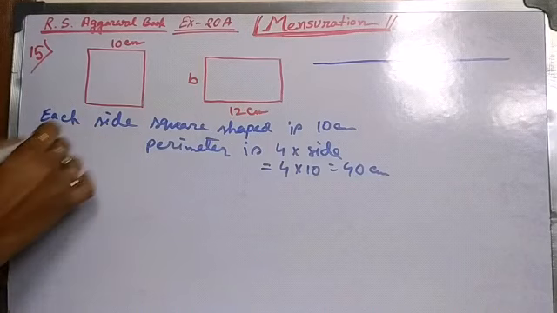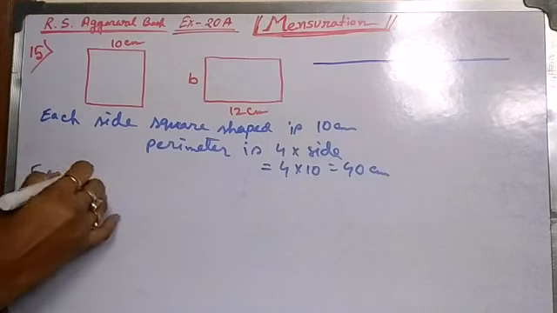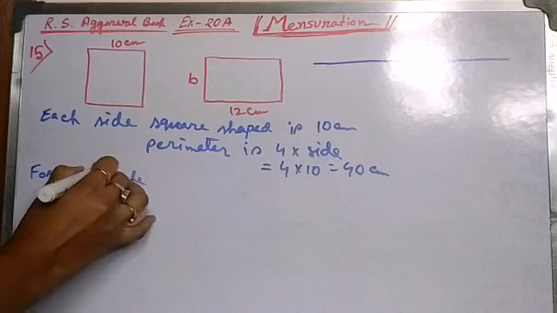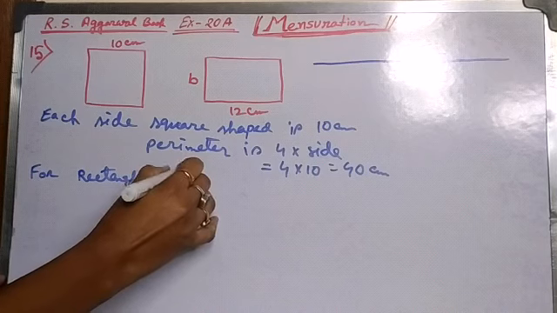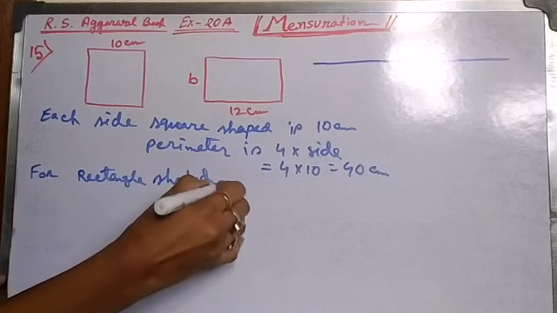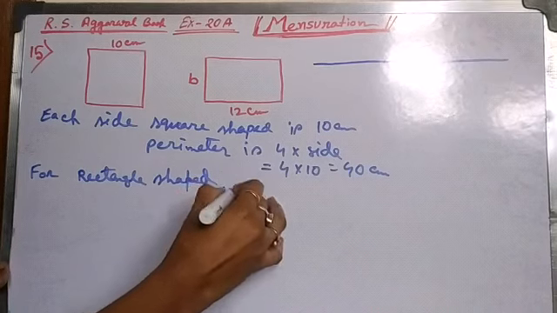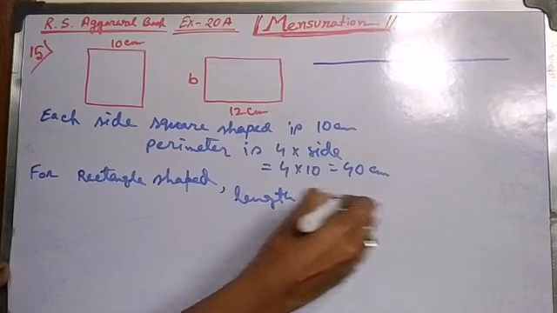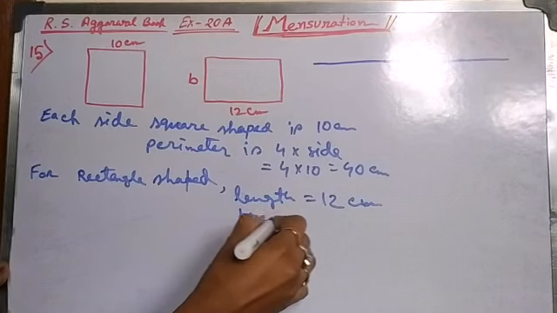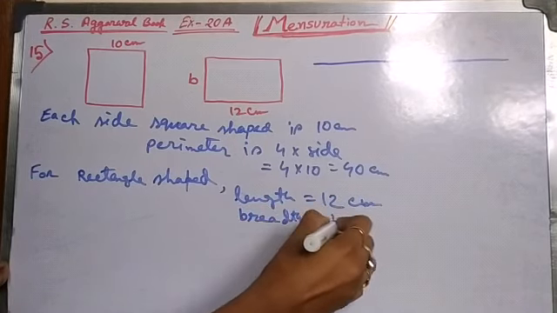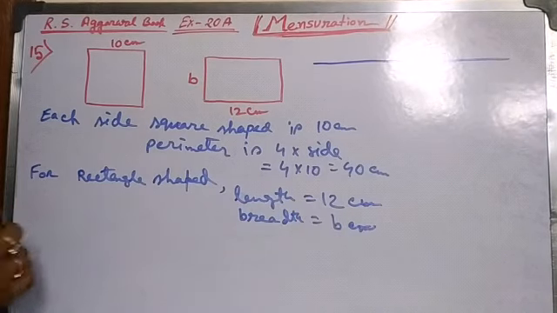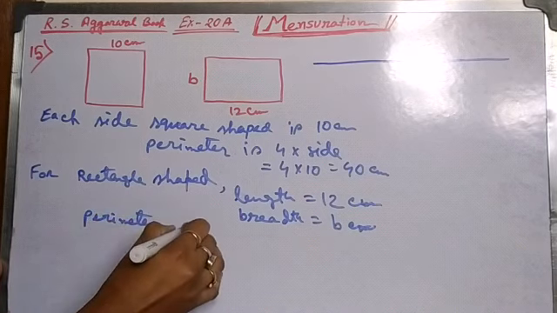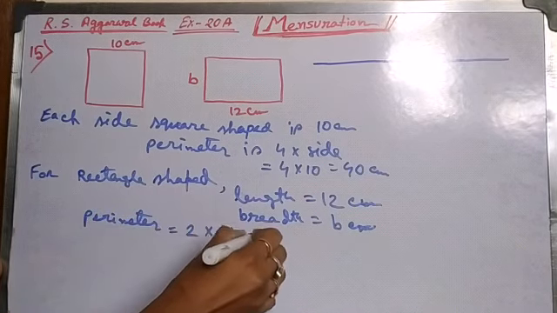Then for the rectangle shaped, length is 12 centimeter, that is given. Breadth, I am taking here B centimeter. Then its perimeter is 2 into length plus breadth.